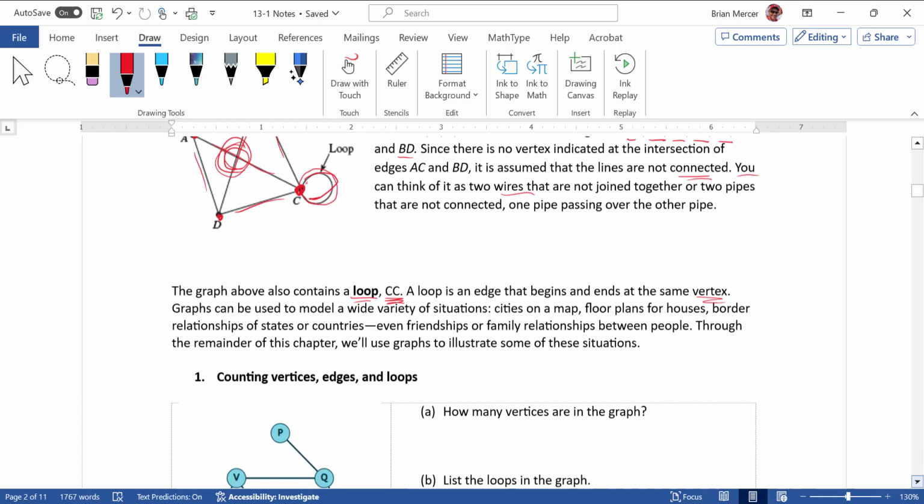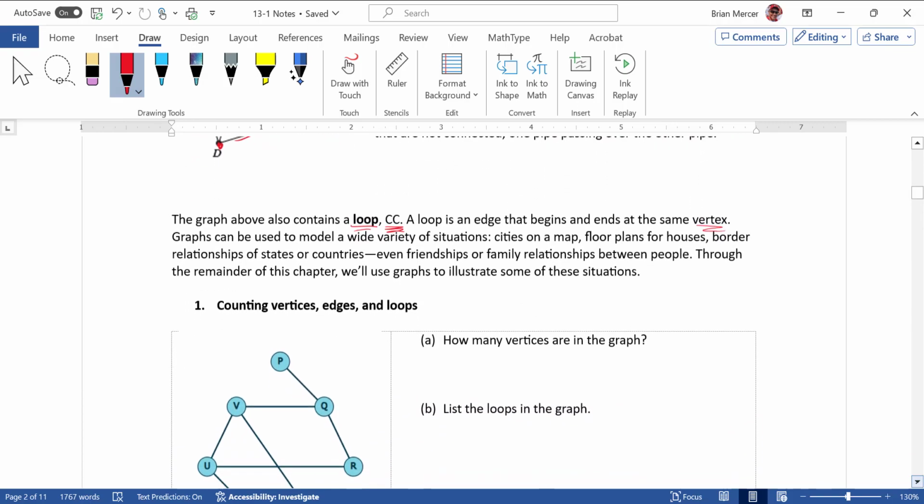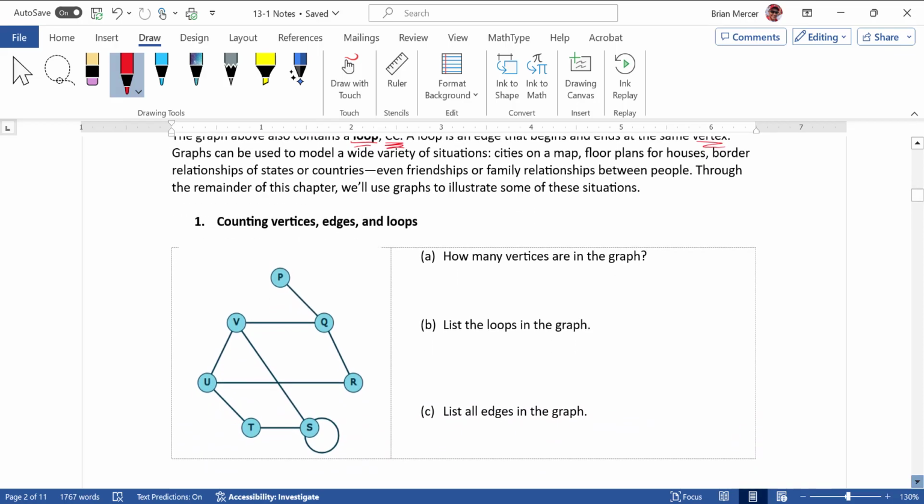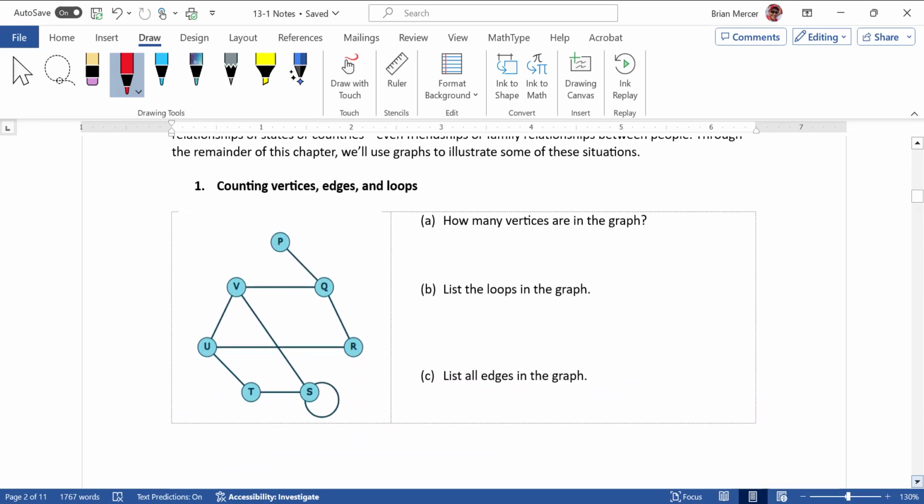So to practice some definitions, we need to first be able to count vertices and edges and loops. So first of all, how many vertices are there here? Well, that's easy. 1, 2, 3, 4, 5, 6, 7. So we've got 7 vertices. How many loops? Or list them.